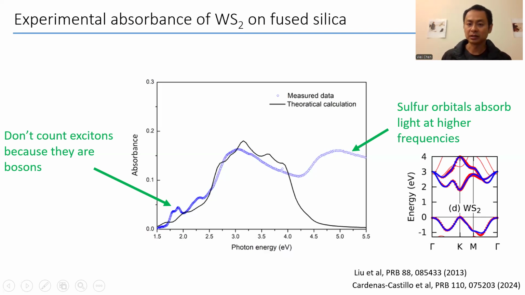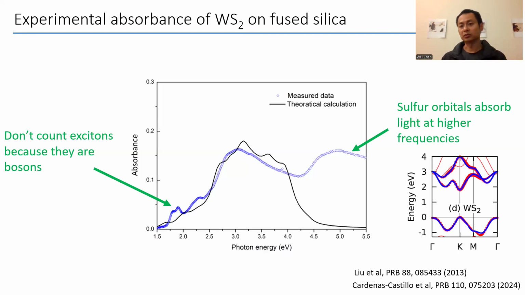This is because the Liu et al. band structure only takes into account the tungsten bands at low energy, given by these blue and red colors. However, at higher frequencies, these very thin red lines, which mainly come from the sulfur atoms, will also start to absorb light, and they will also contribute to the spread of the Wannier function.